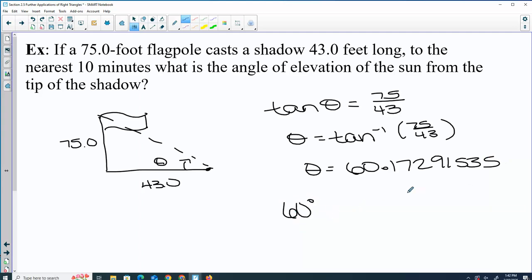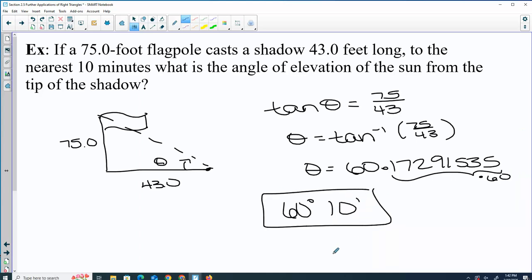How do we get our minutes? Just the decimal times 60. And that's 10.37, so that would be 10 minutes.